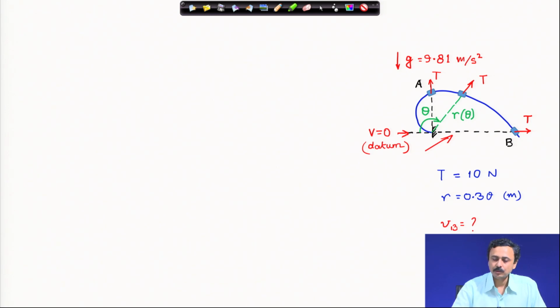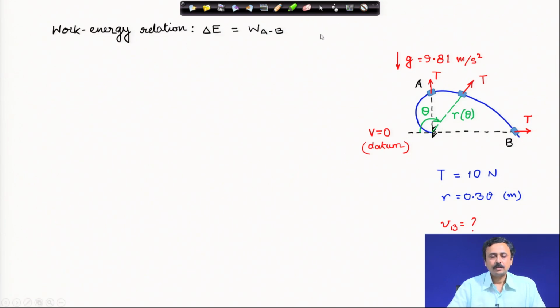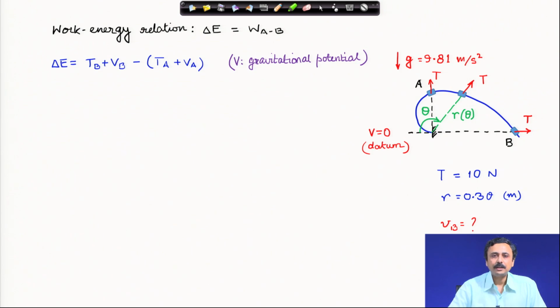We have to find out the velocity when the collar reaches point B. The work energy relation tells us that the change in the mechanical energy is the work done. Here the mechanical energy has both parts, the kinetic and the potential.